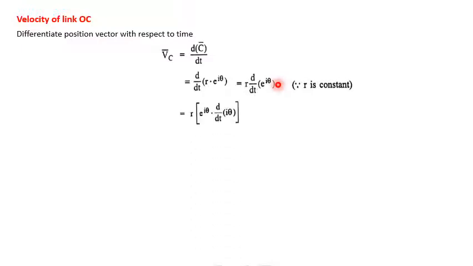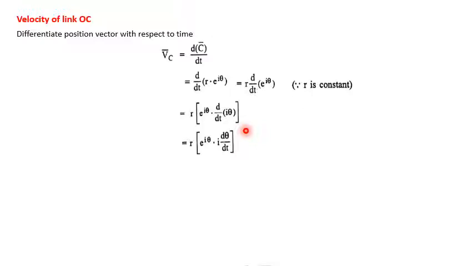So what is the differentiation of e to the power of I theta? It is e to the power of I theta into the differentiation of the power I theta. In this I theta also, I is a constant, so we have to take it out from the differential equation.